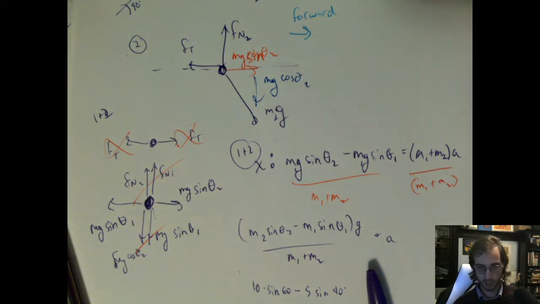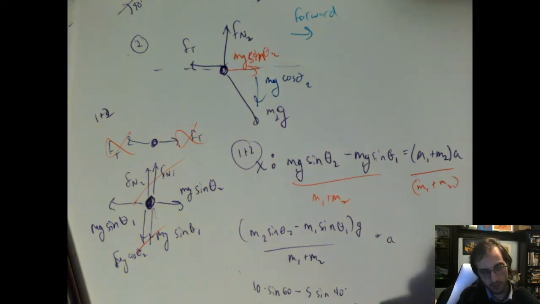So we've got 10, parentheses, 10 times the sine of 60 minus 5 sine of 30 divided by their combined... Oh, nope, not 30. 40, divided by their combined mass of 15, which gives me a very small number indeed. For some reason I thought it'd be bigger.